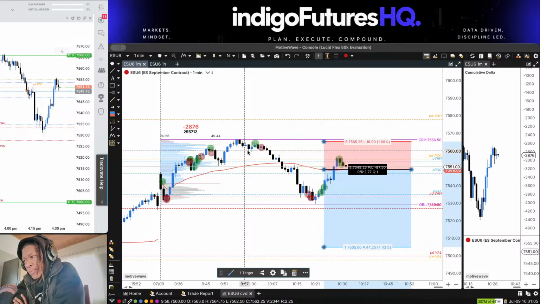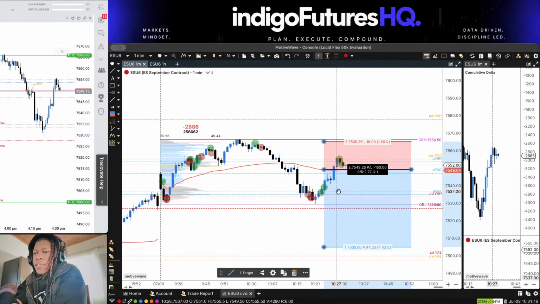So can we go below VWAP again? Again, we have those buyers that stepped in at the top of that sell candle. That sell candle, I mean, this sell candle.